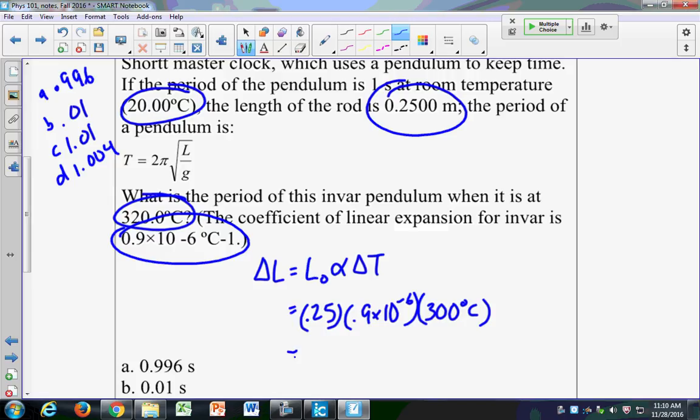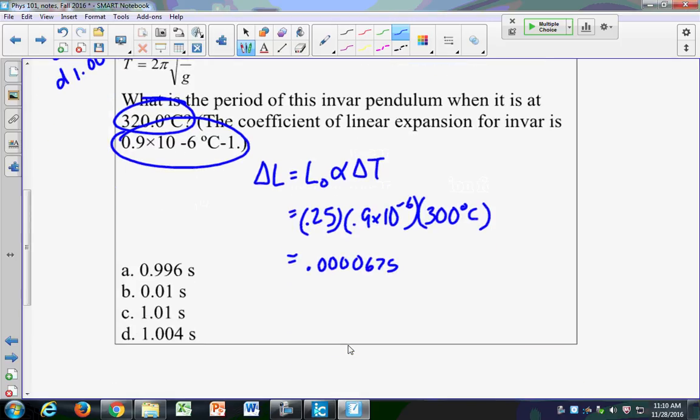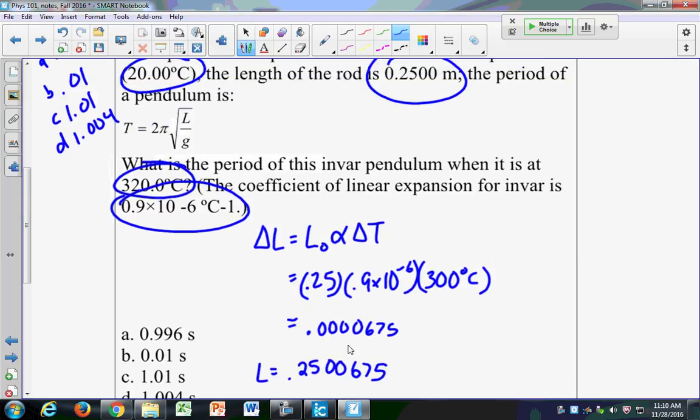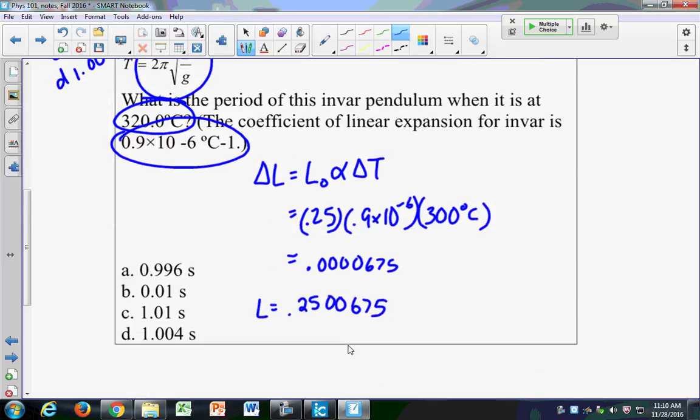Let's see, when I did this, I got a delta L of 0.000675. Am I right about that? Yeah, so that gives me my new L of 0.2500675. And if I take that L and put it in here, then I get my period of 1.004 seconds.